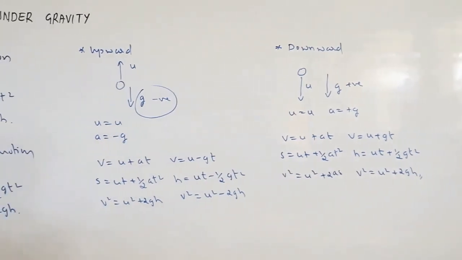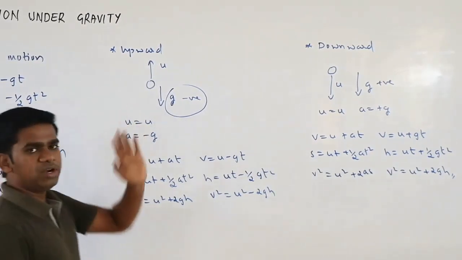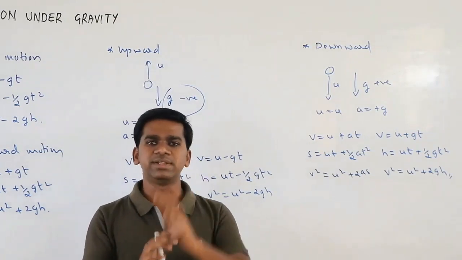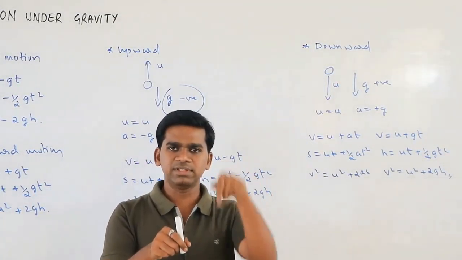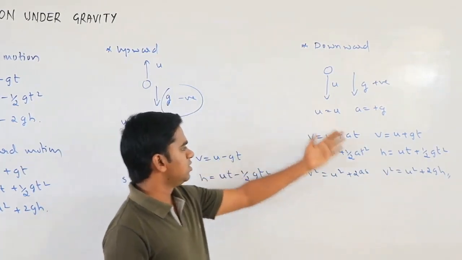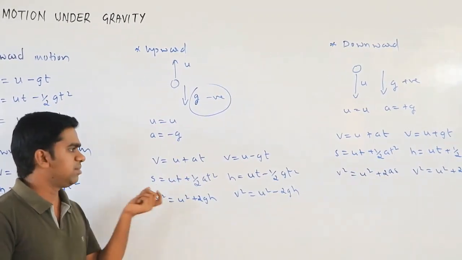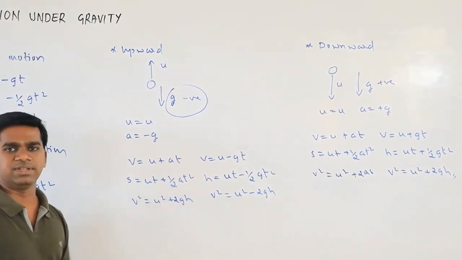So that is how we can remember. If the body is moving upward, g is downward, both are opposite, so take g as negative. If the body is moving downward, gravity is also downward, so take g as positive, because both are in the same direction. You will get the same set of equations. This is for remembering or writing the equations of motion for vertical motion directly.